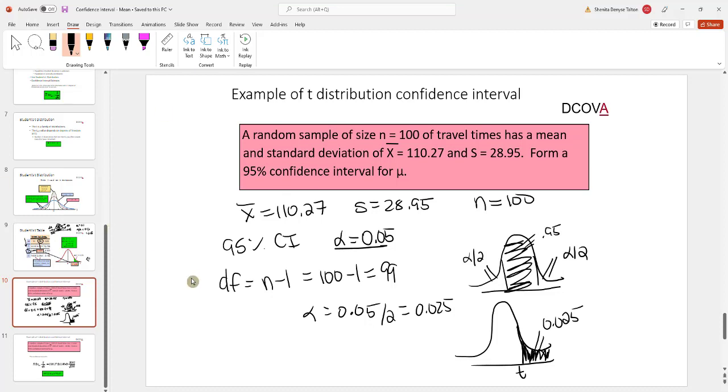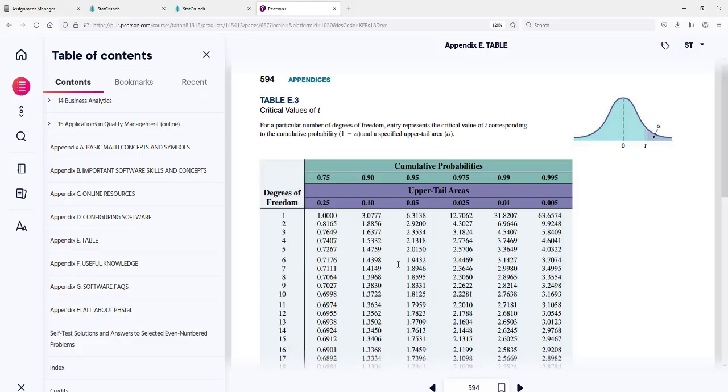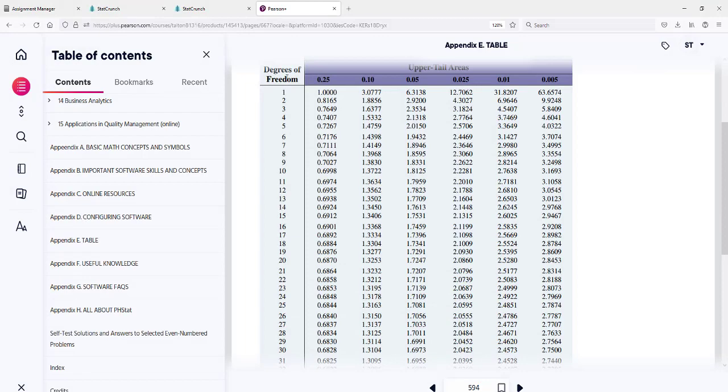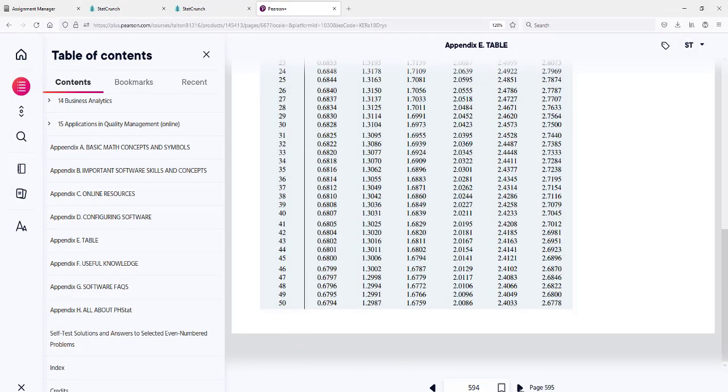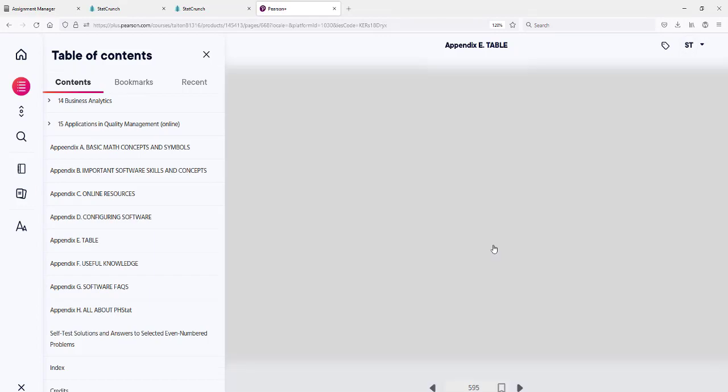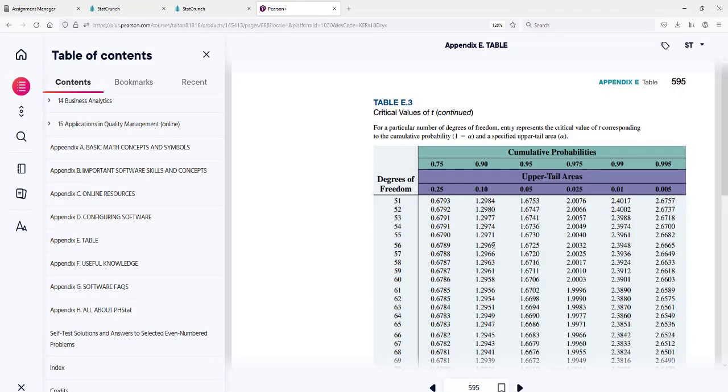So I am going to go to my table, and I want a degrees of freedom of 99. This part here goes all the way down to 50, so it should have two graphs, because it continues on the next page. So here we go.